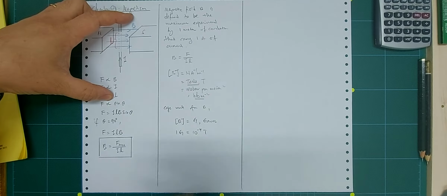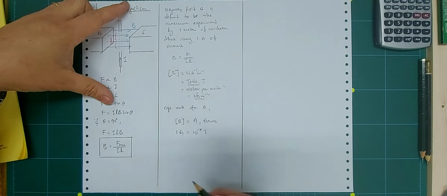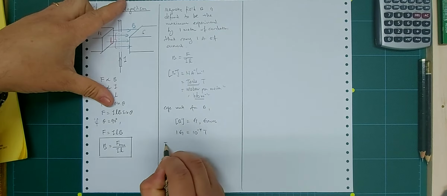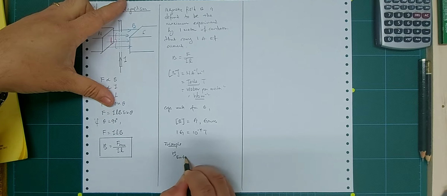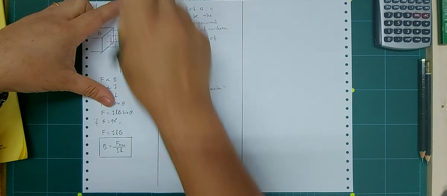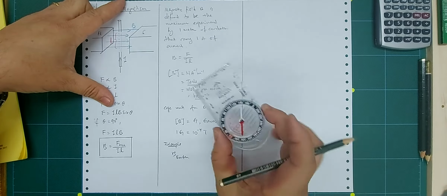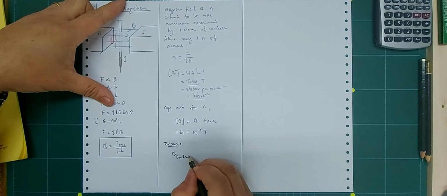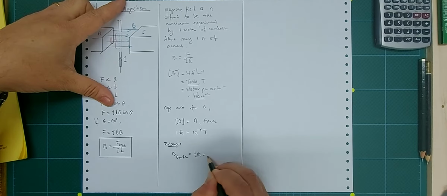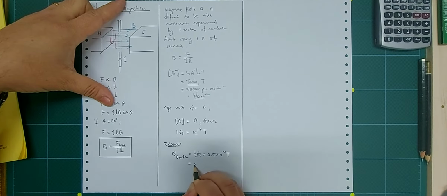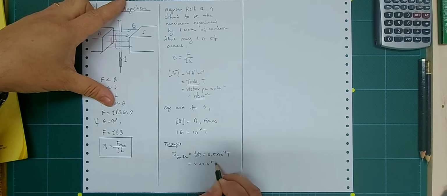Alright, so to give you the feel of how big 1 Gauss is, let's look at the Earth's magnetic field, B Earth. On the surface, what you feel with the compass, where the compass is moving because of the magnetic field, that field is about half a Gauss, which is 0.5 times 10 to the power negative 4 Tesla, or 5.0 times 10 to the power negative 5 Tesla.